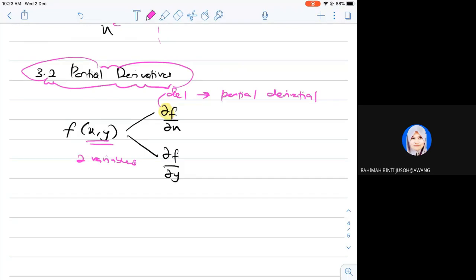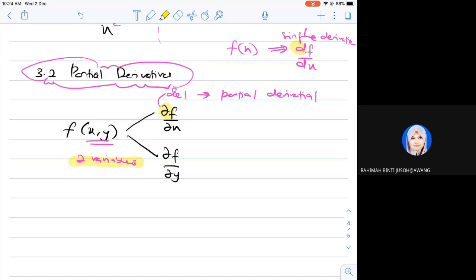Before this, if you have f(x), we just have df/dx. d is for the single derivative, because there is only one variable. However, in this case, we have two variables, therefore we need the operator del. So del means partial derivatives.